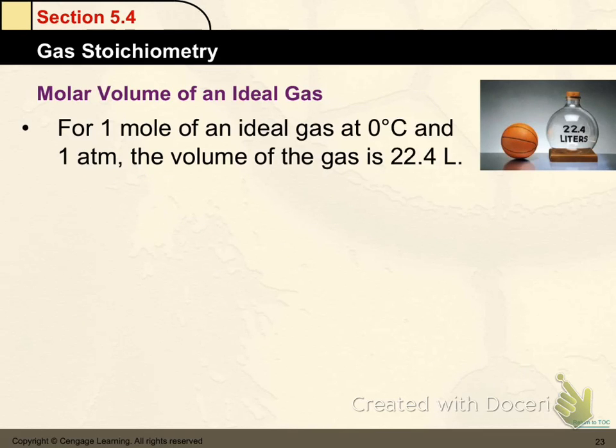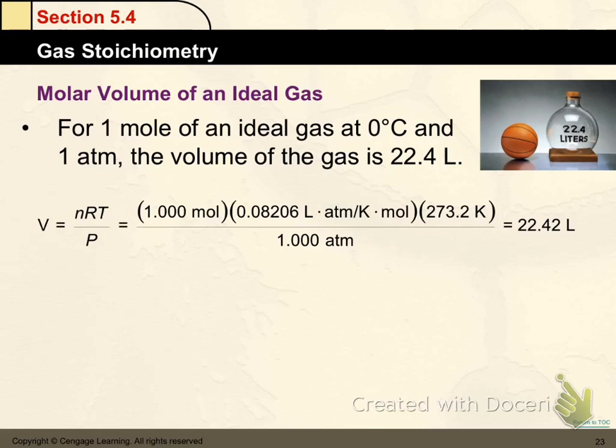All right, let's talk about molar volume of gas. It's going to go a little bit long, but that's okay. You should be able to work this in class today. All right, for 1 mole of an ideal gas at 0 degrees Celsius, the volume of that gas is 22.4 liters. And let's prove that.